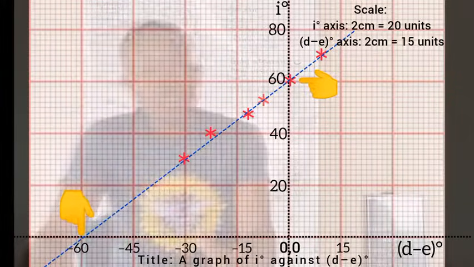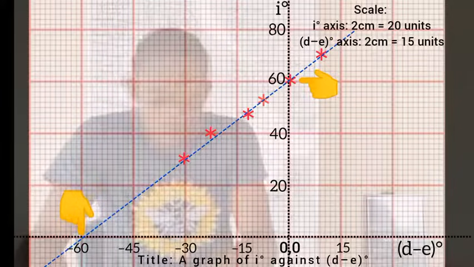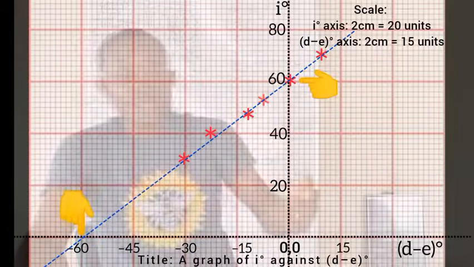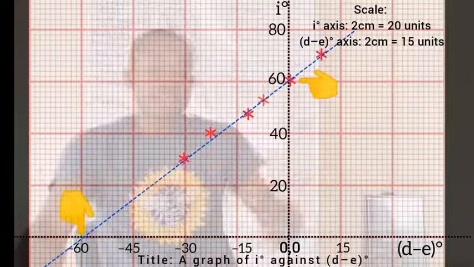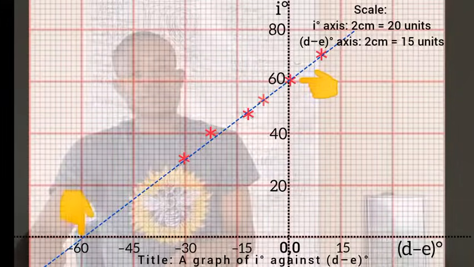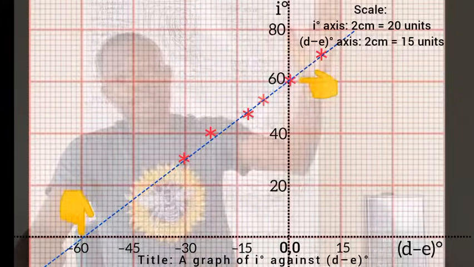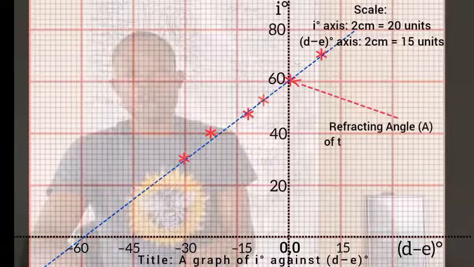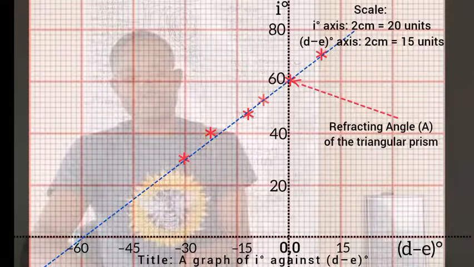In the instruction here that I'm considering, we are required to state what the intercept on the vertical axis and on the horizontal axis represents. The intercept on the vertical axis and the horizontal axis simply represent the refracting angle of the triangular prism.